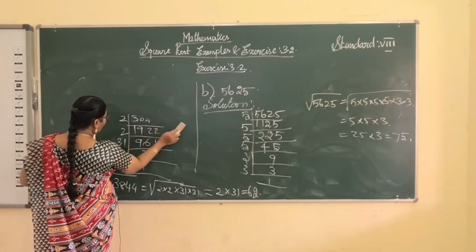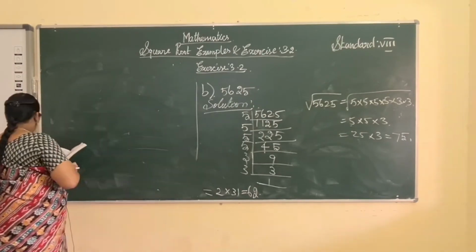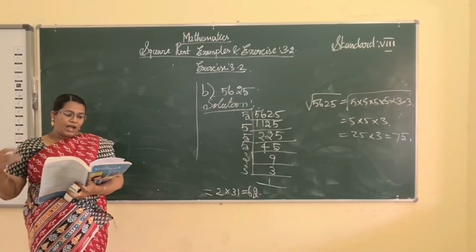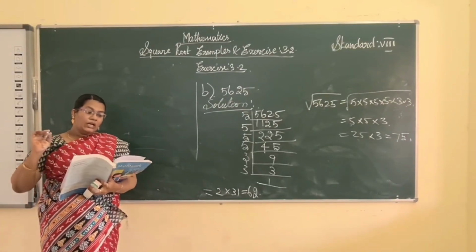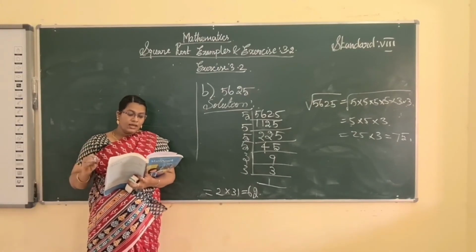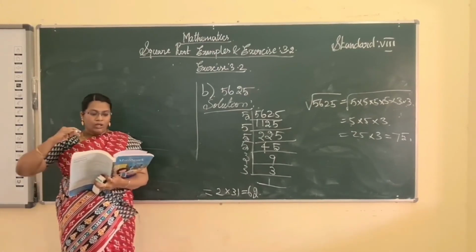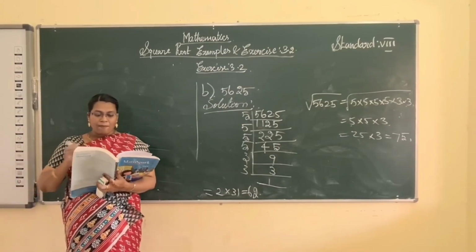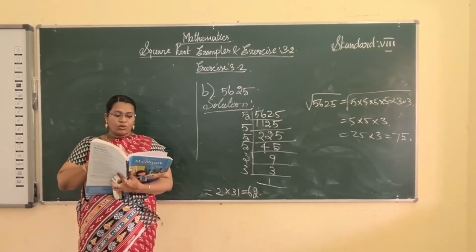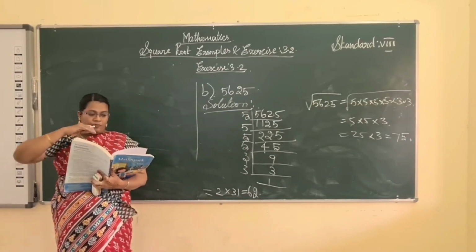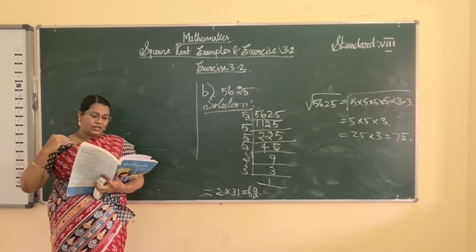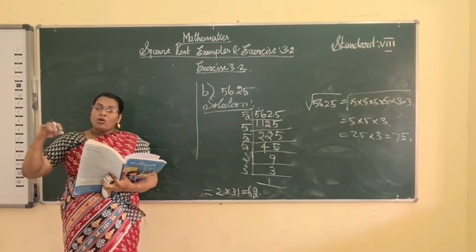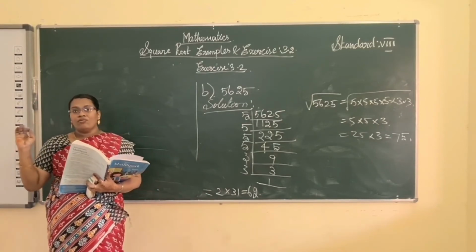Remaining problems are homework. In a garden, a farmer plants 9216 saplings in rows to form a square. Find the number of saplings in each row. So the farmer plants saplings in rows to form a square.